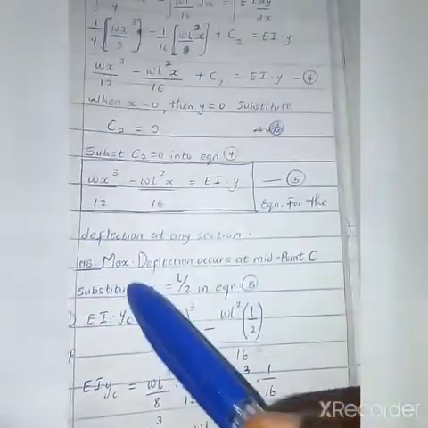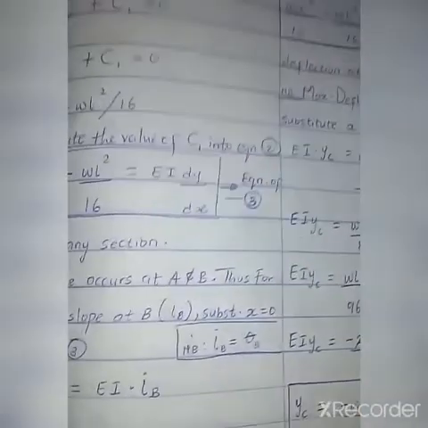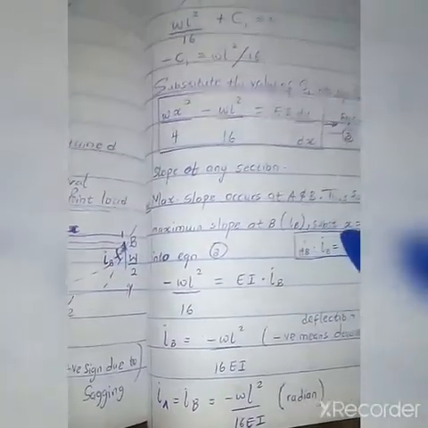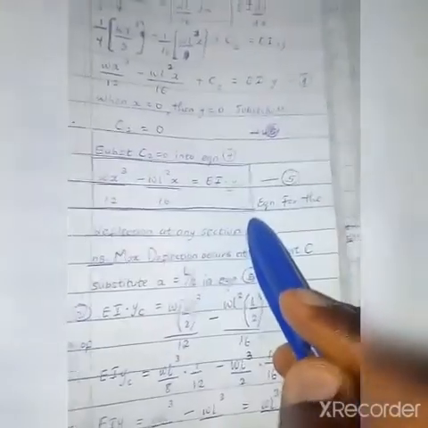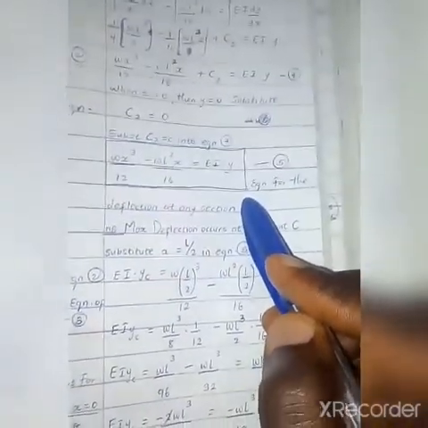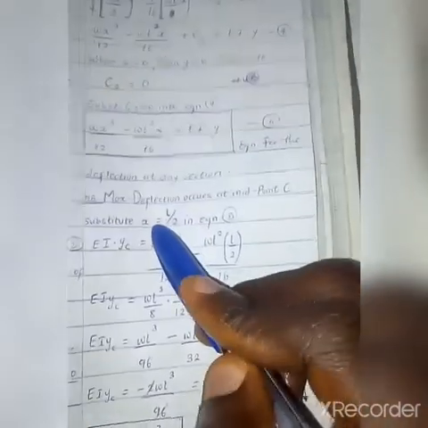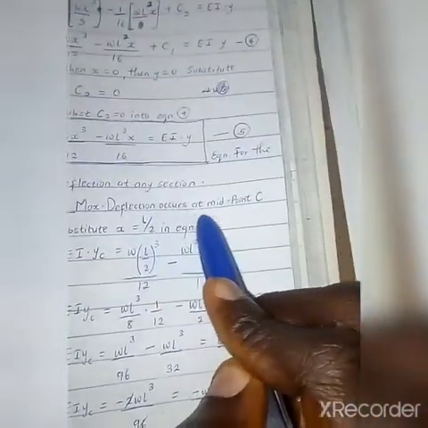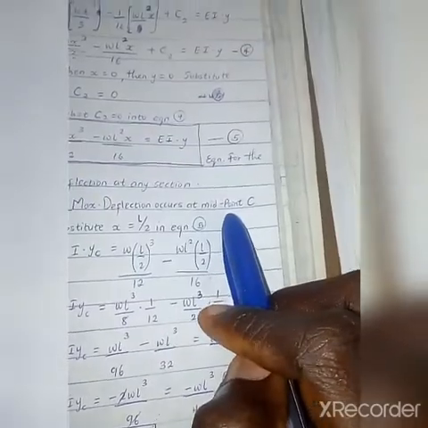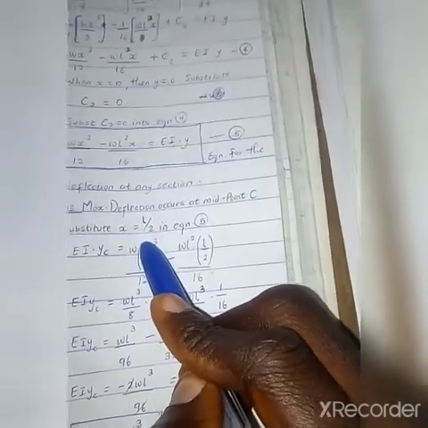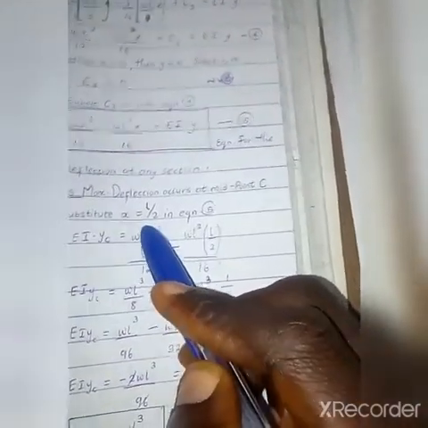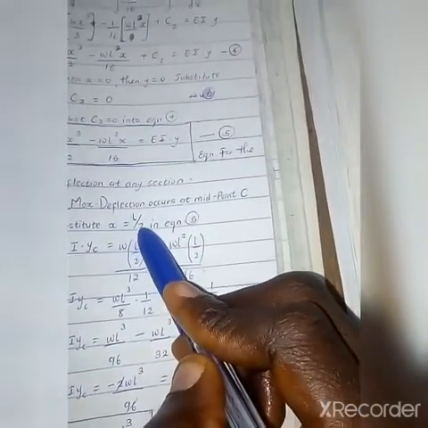So we have got the equation for the slope, and this is for deflection at any section. Note, maximum deflection occurs at the midpoint C from the diagram. So at point C, x will be the same as L over 2.